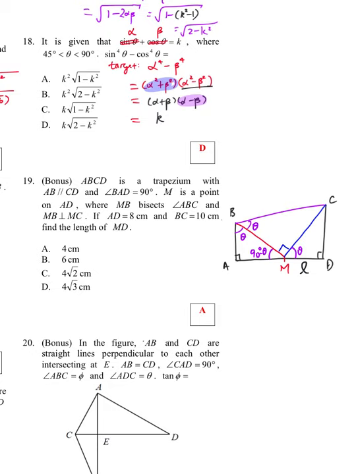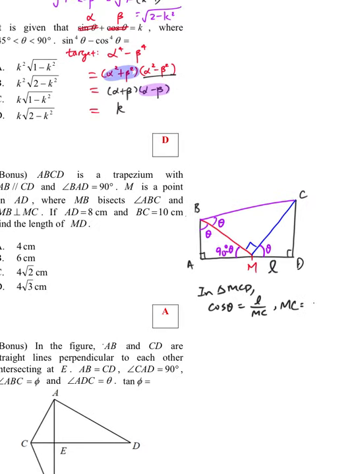So in triangle MCD, you can see that cosine theta equals L over MC, and MC will be equal to L over cosine theta. And if we further consider triangle MBC, now we are trying to connect the blue line and the red line.